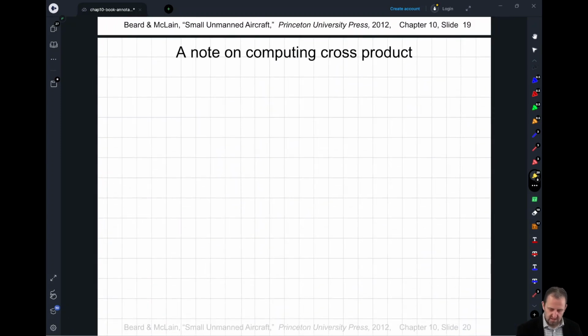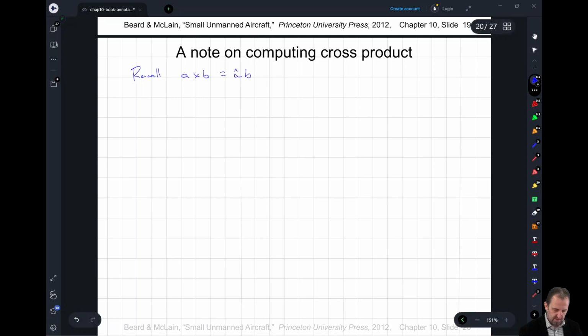If you just recall, A cross B can be written in matrix form as A hat B, where A hat is equal to [0, A3, negative A2; negative A3, 0, A1; A2, negative A1, 0].